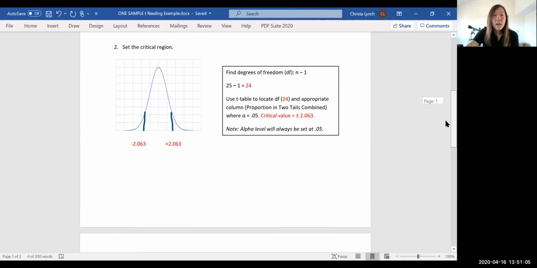My second step is to set the critical region. The critical region is set by the alpha, and the alpha level will always be set at 0.05. What that means is that I'm going to set my critical region to be 5% total of the distribution.